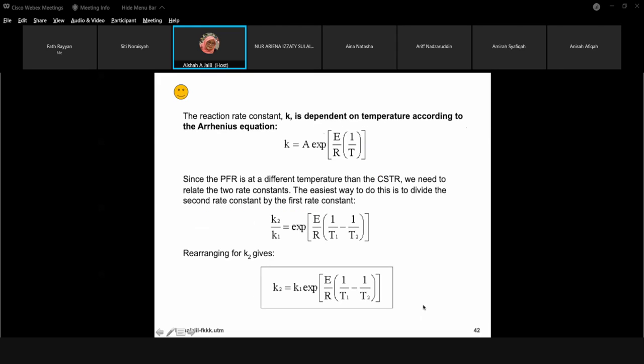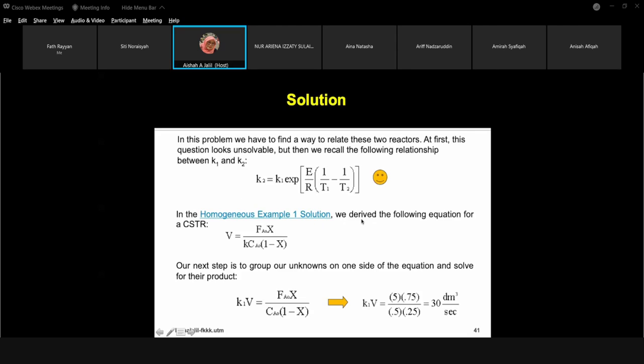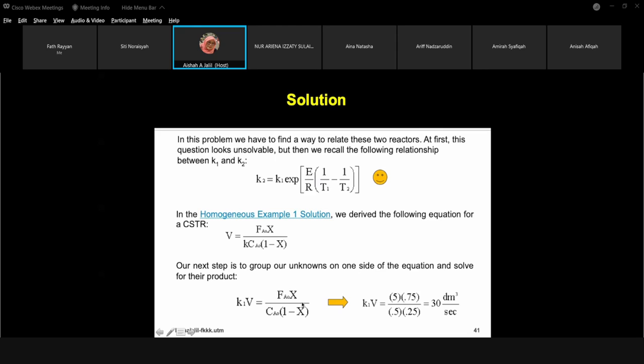Then this is for the second one. You want to calculate k2 for the PFR, right? So you have k2V equal 3.3 and k1V equal 30.